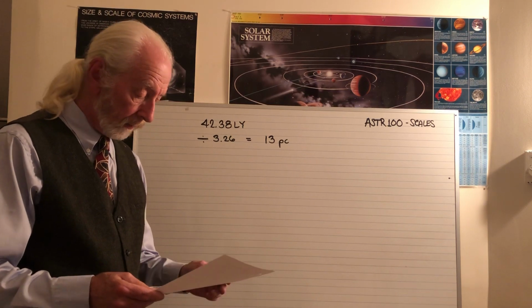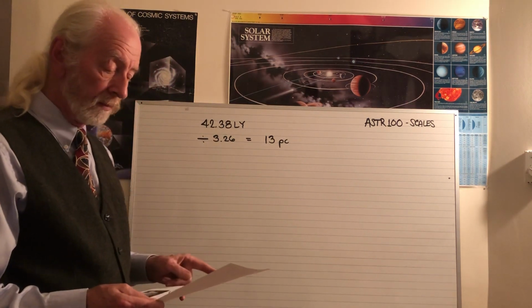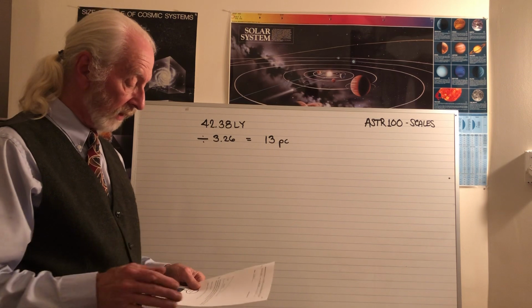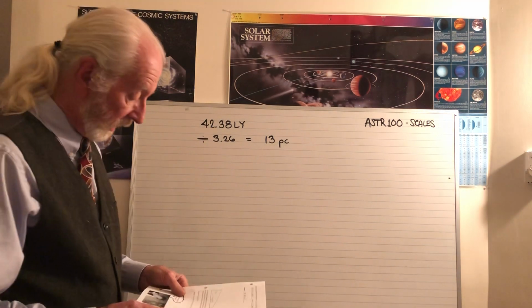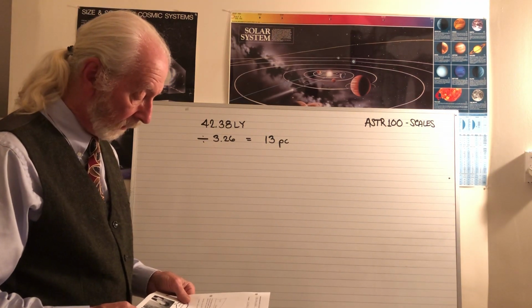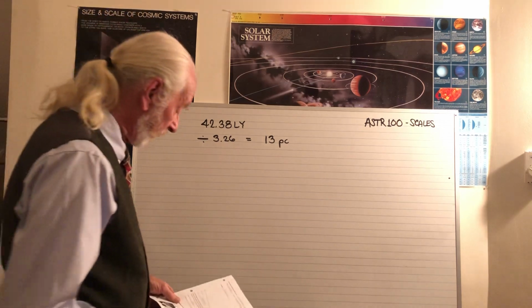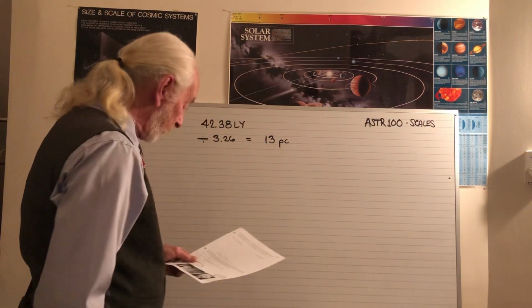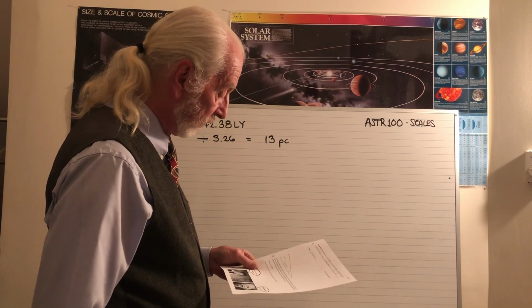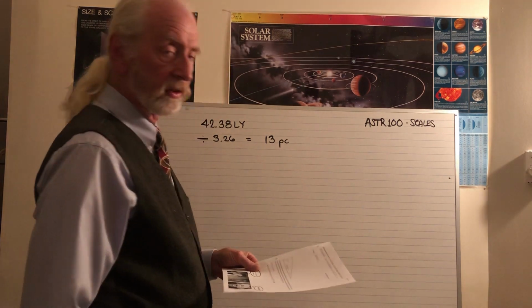On page 31, there's that diagram that talks about an AU, and it shows that 1 parsec is 206,265 AUs.